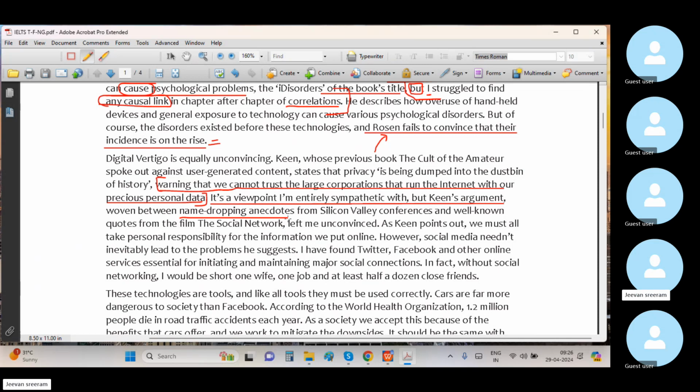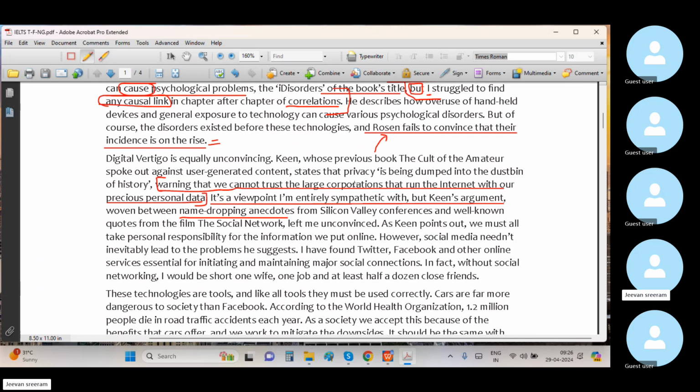Okay. Name dropping anecdotes. Eavesdrop means what you listen to from others secretly. Name dropping is a kind of similar thing, but you listen from other people.